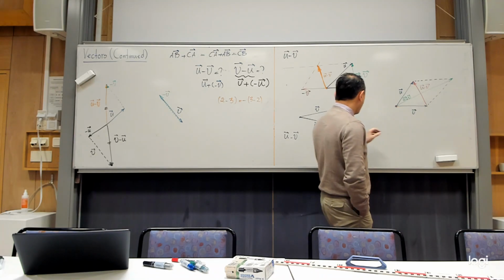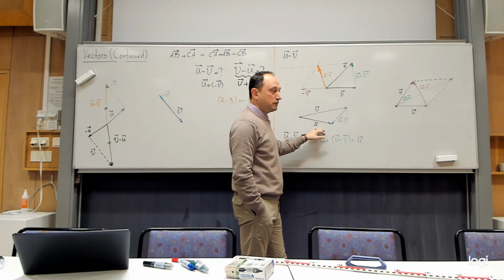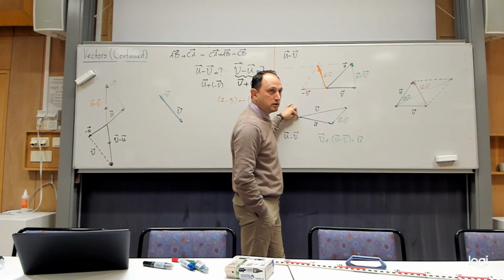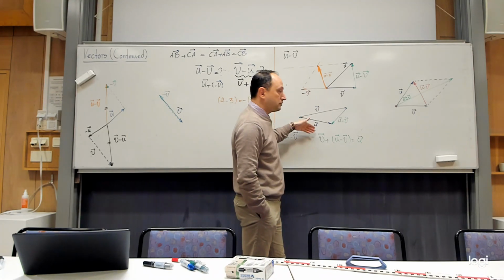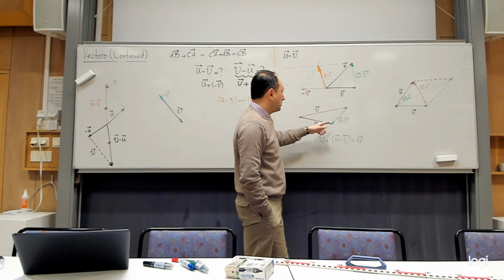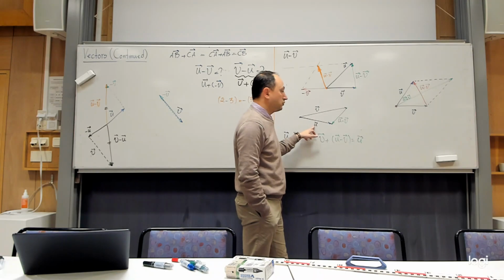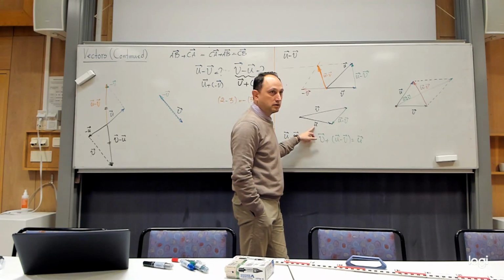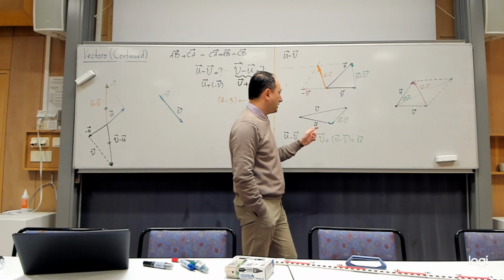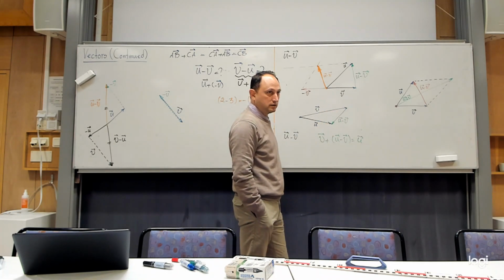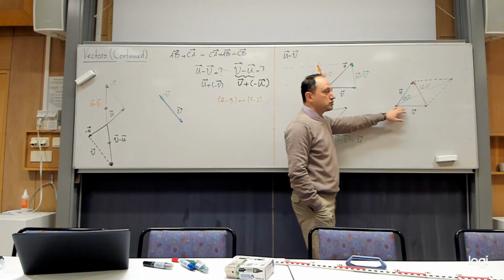Now in this picture, I convinced you that if you have two vectors drawn from the same point, then if you want to find the subtraction of two vectors, you can just connect the final points and put the tip of the arrow pointing towards the positive one. If you are not convinced about that, I can repeat this one as well. No, I get it. If you get it, then that's the same story.